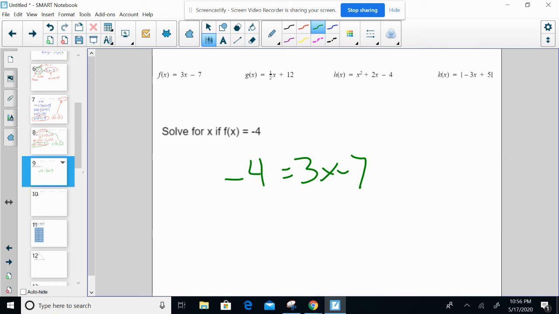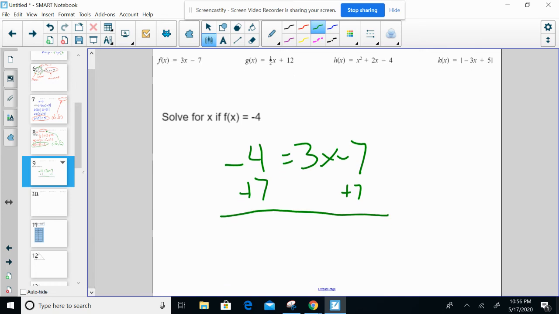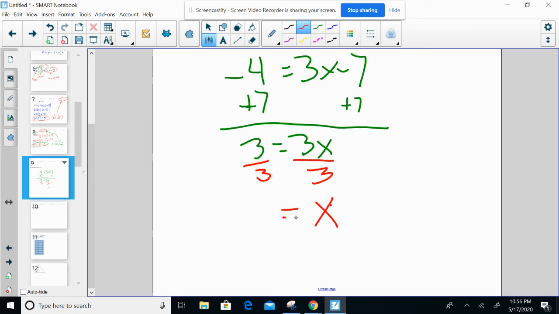So you're just going to do the opposite, so plus 7 to get x by itself. So 3 equals 3x. Divide both sides by 3. And so x equals 1.